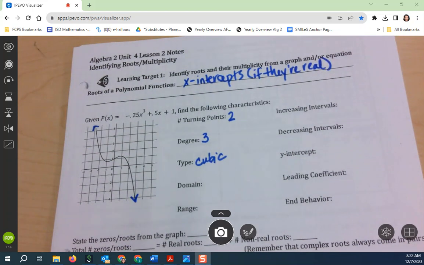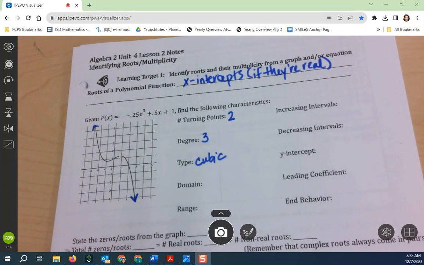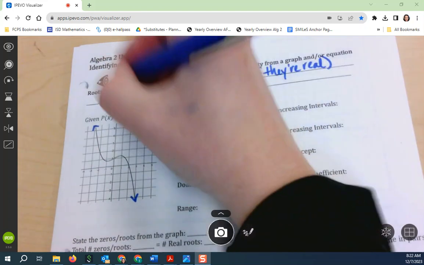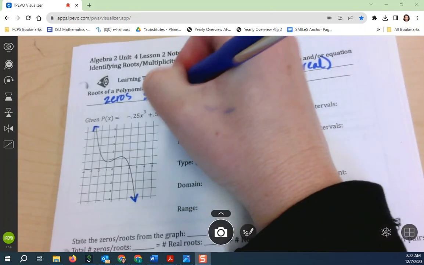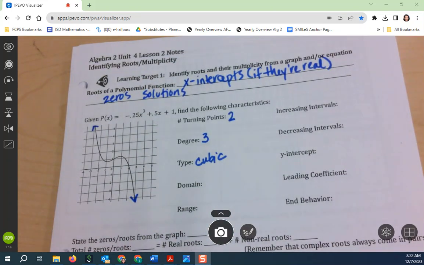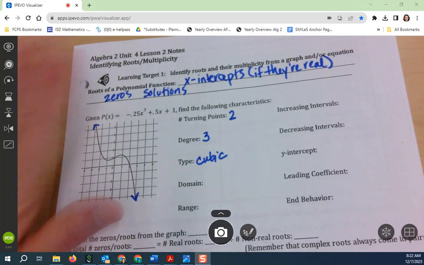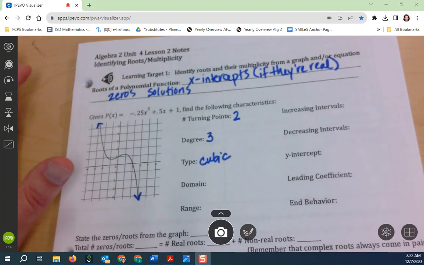What's another name for the roots? The zeros, good. And then sometimes we call them the solutions too if we have set it equal to 0. So they could be zeros or they could be solutions. Okay. All right, so that's just what we put on this line here, just another names for roots.